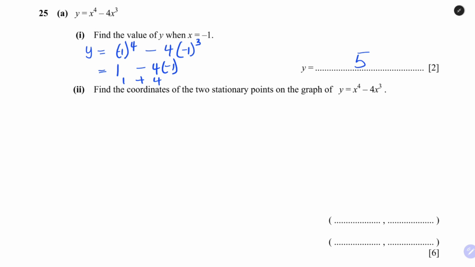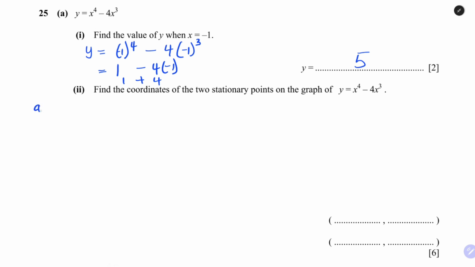When you are asked for the stationary point of a curve that you do not have access to, the easiest way to find the stationary point is to differentiate the function. What do I mean? Please remember that stationary points are also known as turning points. That is where the graph changes direction. Now, for you to find a stationary point, you need to differentiate and set your differential to 0.